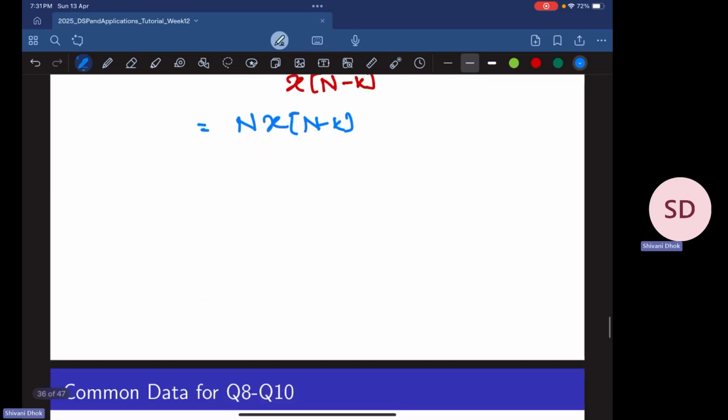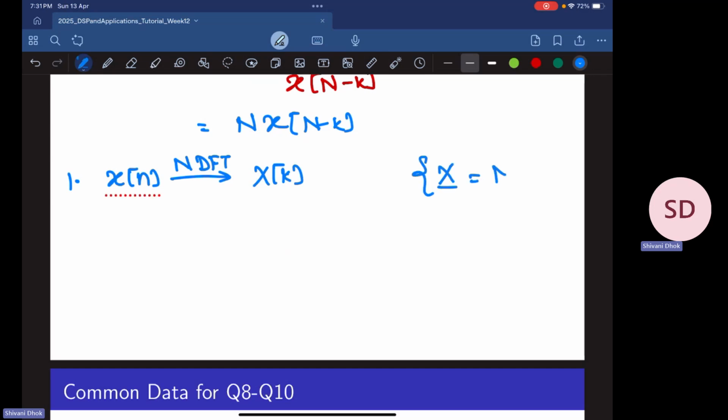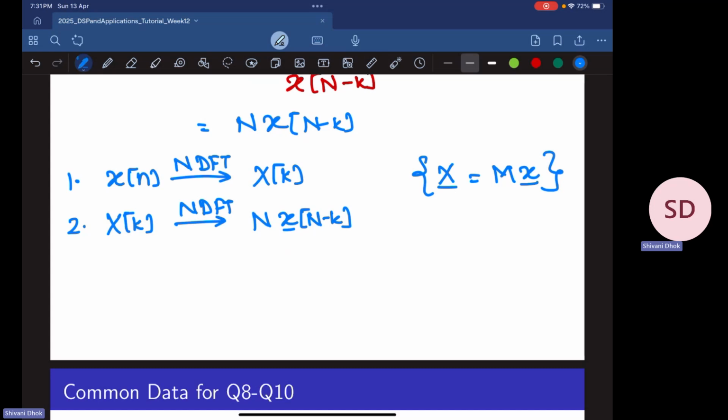So what do we have? First thing that we have is x of n has an n-point DFT as x of k. This is equal to m times little x. Then we have this x of k, we have n-point DFT. So here what we get is n times x of n minus k. This is equivalent to m square times x.